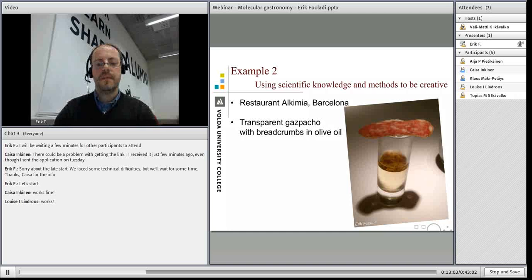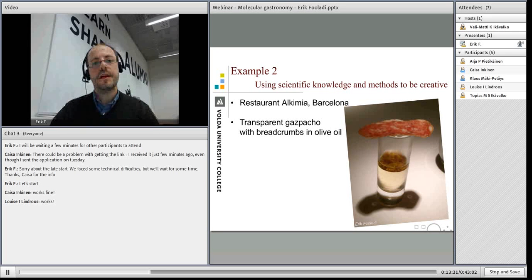What they have made, the lower solution, the transparent solution at the bottom, is a tomato soup. And when you tasted that tomato soup, it tasted really strongly of tomato. But still, it's transparent. It doesn't look like a tomato soup. This is a cold tomato soup. It's a Gazpacho variety.